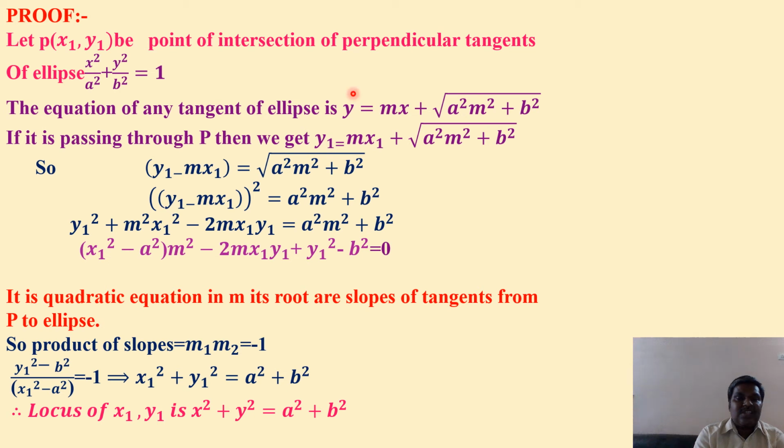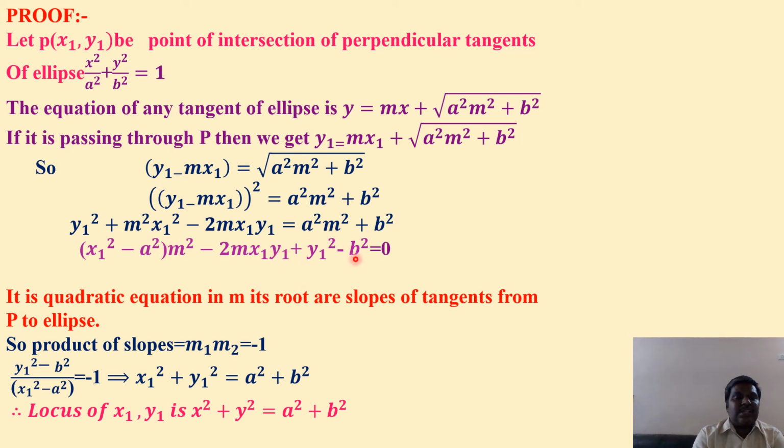So, you take any general tangent. First of all, substitute the point P, the point of intersection of perpendicular tangents. You get some condition on x1, y1. Squaring on both sides, you get (y1 minus mx1) whole square equal to a square m square plus b square, and convert into the quadratic equation in m. It represents a quadratic in m having two slopes m1, m2.